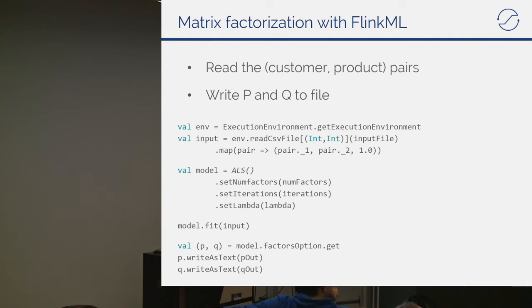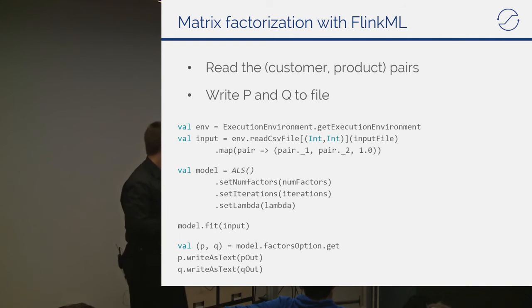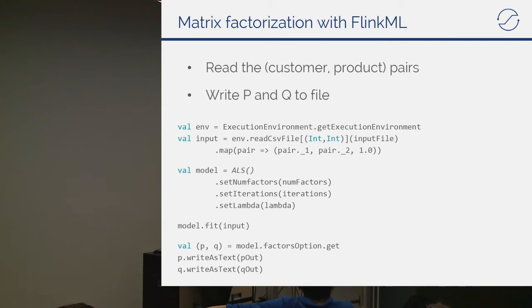The thing is, to actually produce this model is this much code. Remember, we have written out the user product ID pairs to a CSV file previously. So we just read that in, do a little bit of loading so we actually get vectors, and then we say, okay, I want an alternating least squares model, which is a standard solution for these factors.